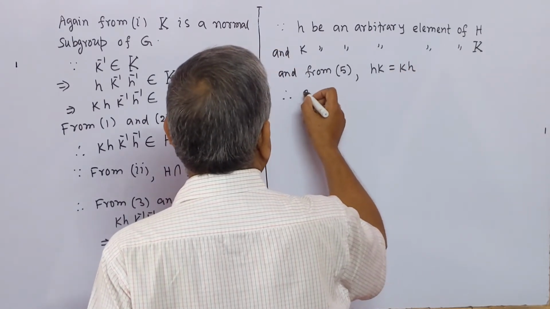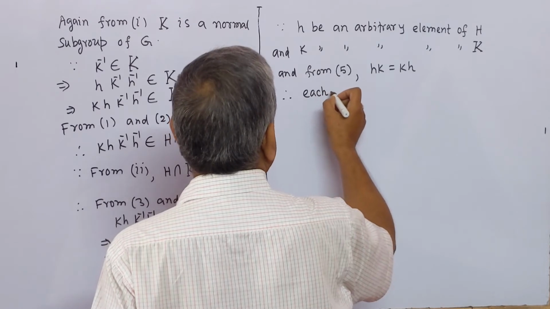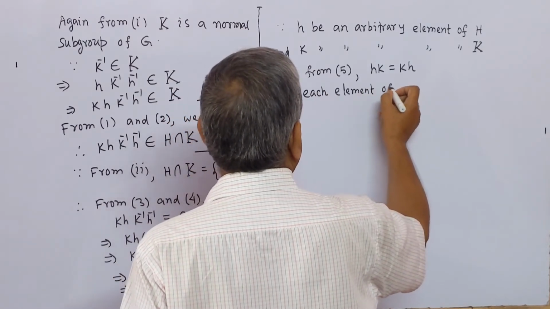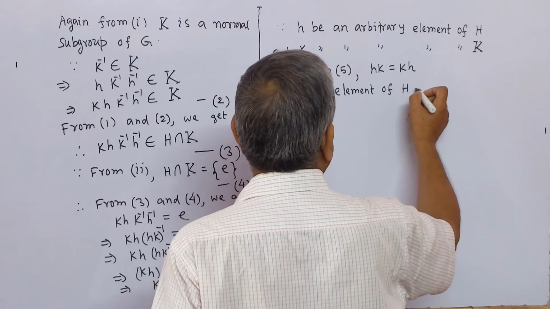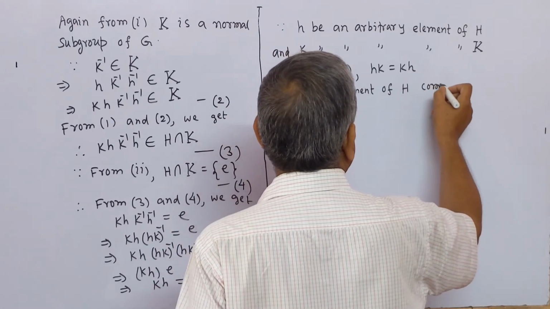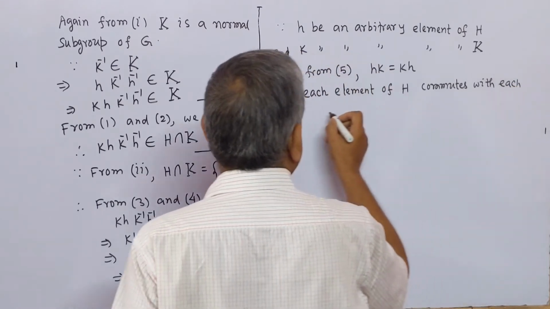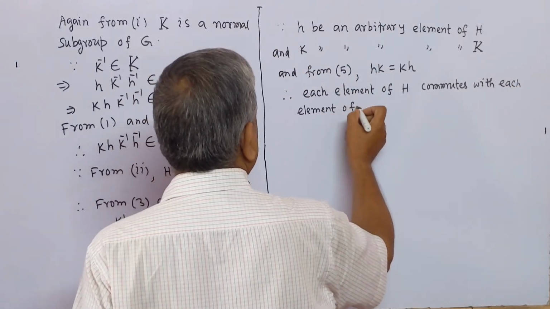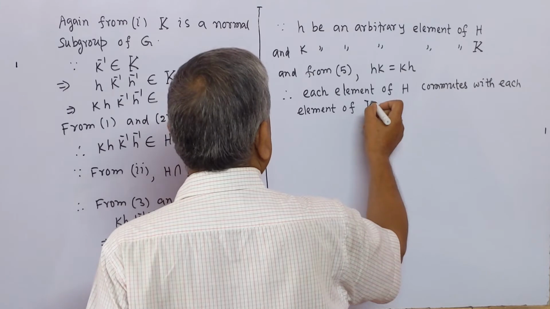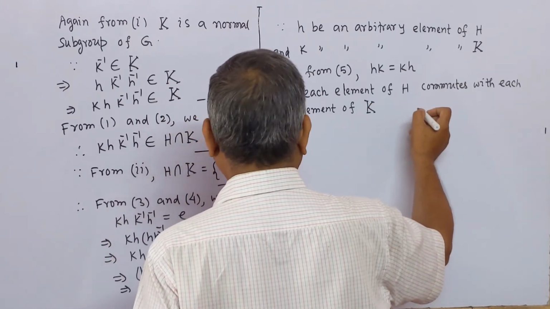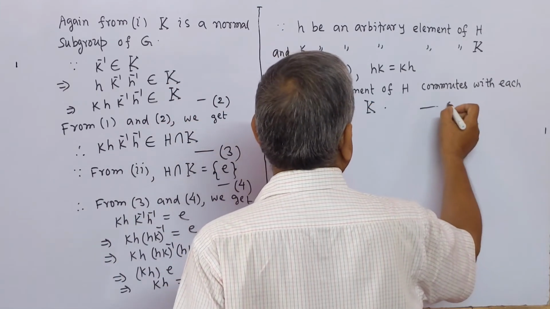Therefore, each element of subgroup H commutes with each element of subgroup K. Let this be number 6.